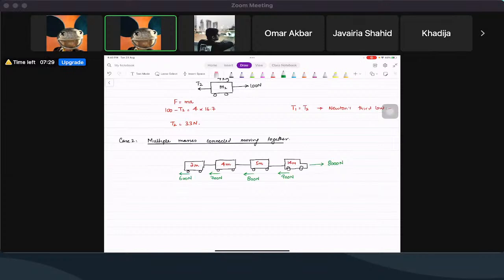As we know now, each cable, this is cable 1, cable 2, cable 3, will have its own tension. So let's call this T3, this T2, and this T1, because we just learned that according to Newton's third law, the tension remains the same in the string. Is it clear? So this is the question, right?